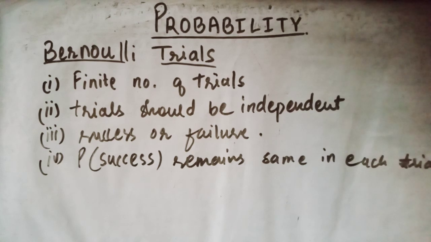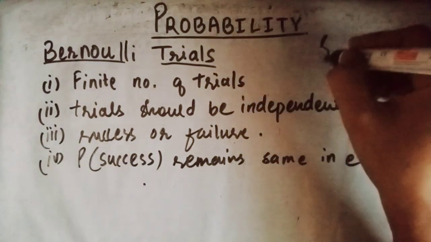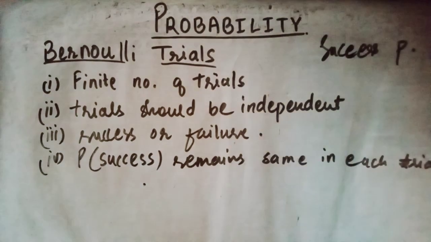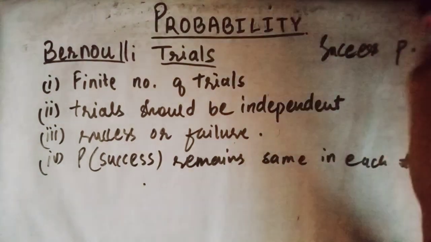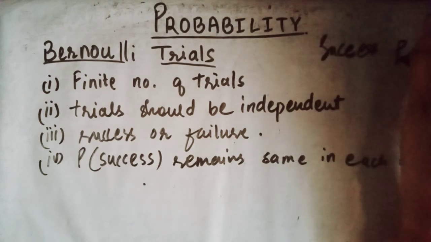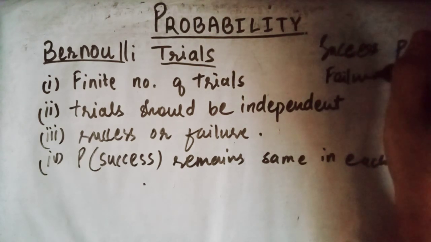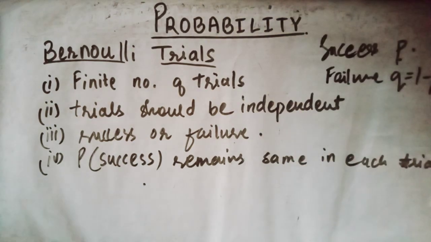Before that, if we get a success, then we denote its probability by P, and if we get a failure, that is, the probability of getting a success is P and getting a failure is Q, and Q we write as 1 minus P.